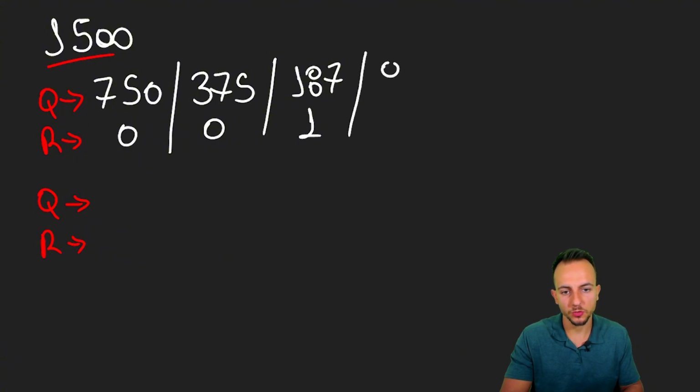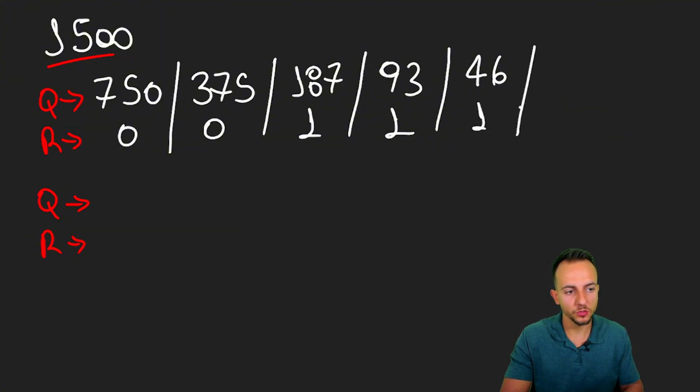187 divided by 2 is 93, and the remainder is 1 again. 93 divided by 2 is equal to 46, and the remainder again is 1. 46 divided by 2 is going to be equal to 23, and the remainder is 0. 23 divided by 2 is 11, and the remainder here is going to be 1.